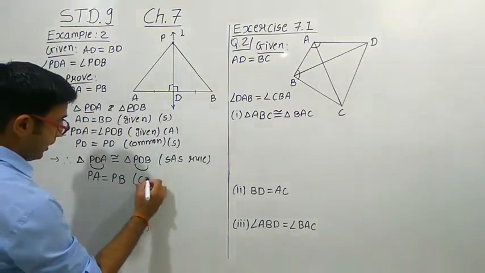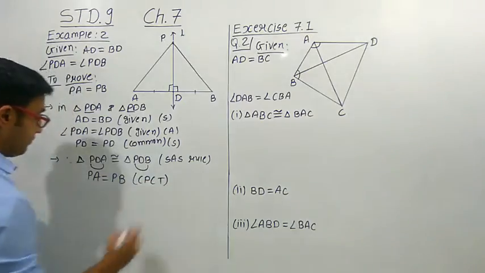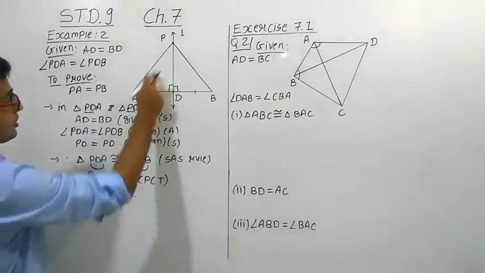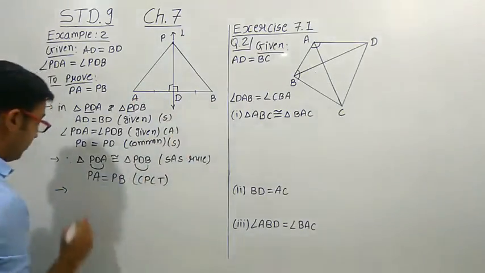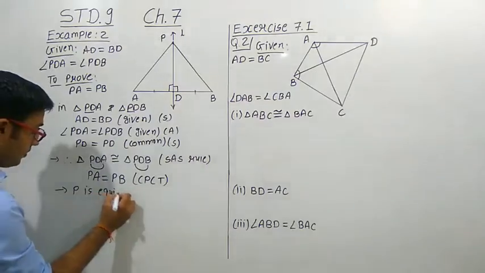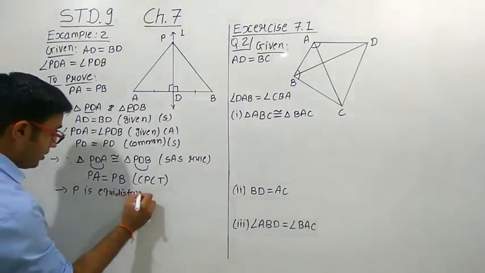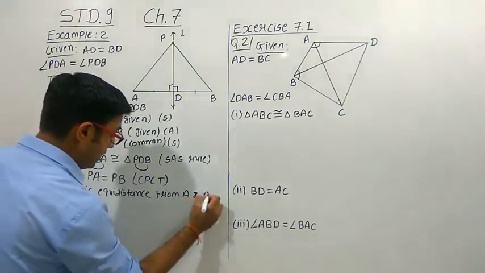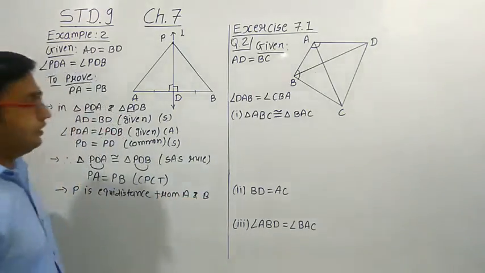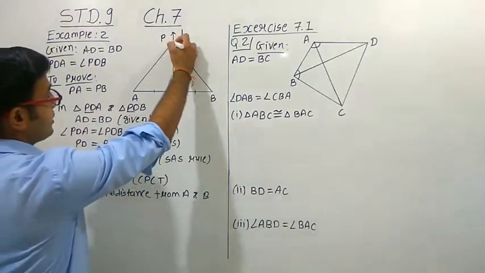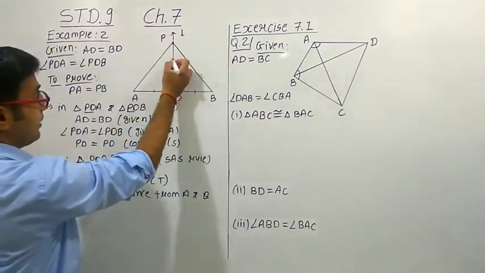We write it by CPCT. Now the point P is equidistant from A and B, so we can write here that P is equidistant from A and B. Right? Okay, you can write this. We have taken this point P here; we can also take point P here.